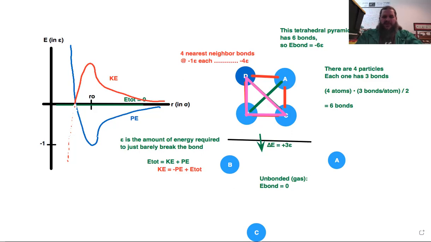So we can say this is R naught, this is also R naught, and the hypotenuse, let's call that capital R. So based on the Pythagorean theorem, we could say R naught squared plus R naught squared equals capital R squared. Leg squared plus leg squared equals hypotenuse squared. And then if you solve that for big R, what would you get?